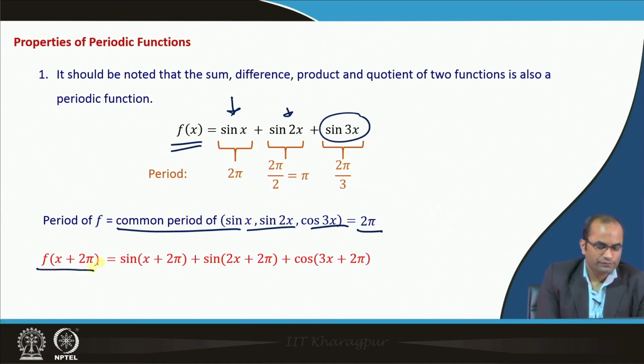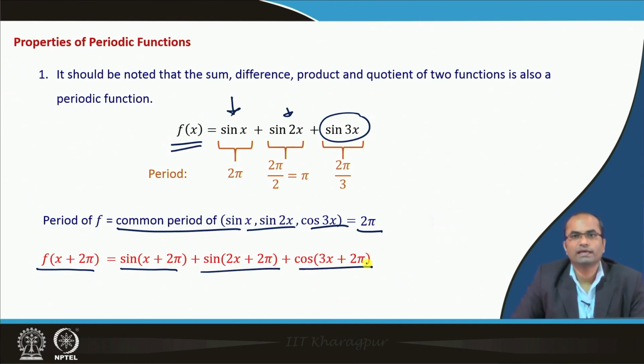We can clearly see that f(x + 2π) = sin(x + 2π) + sin(2x + 4π) + sin(3x + 6π).